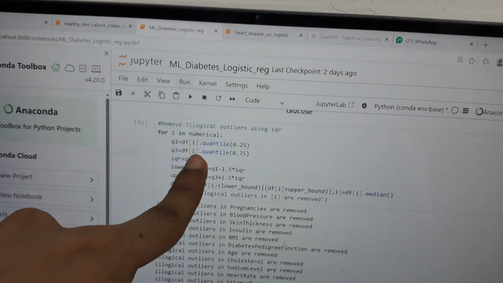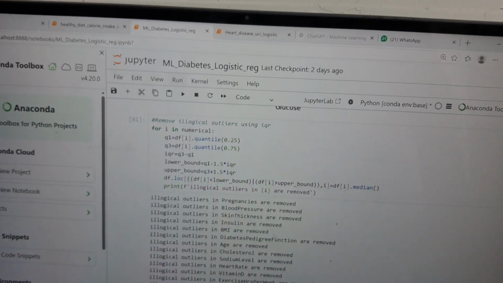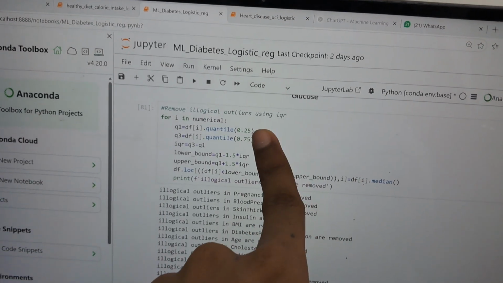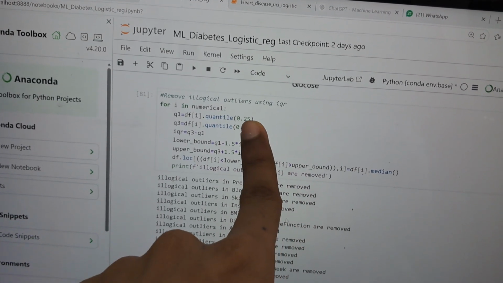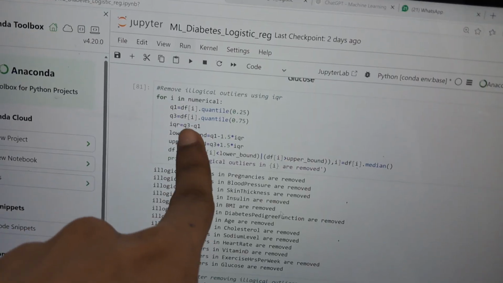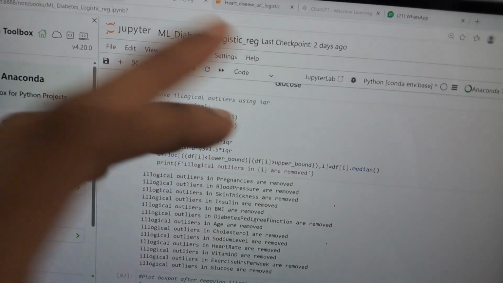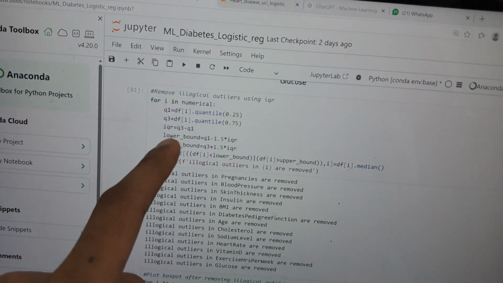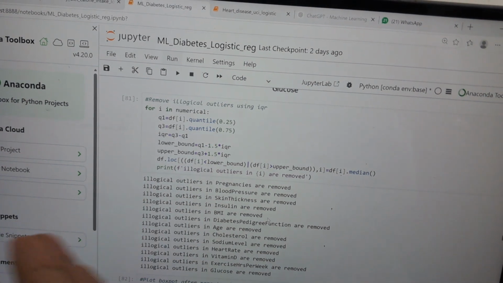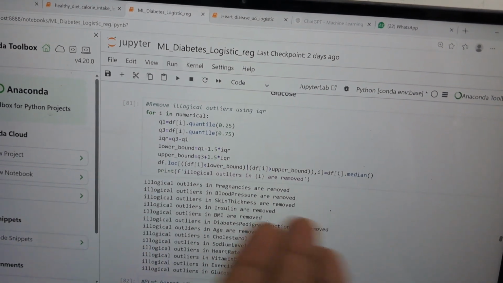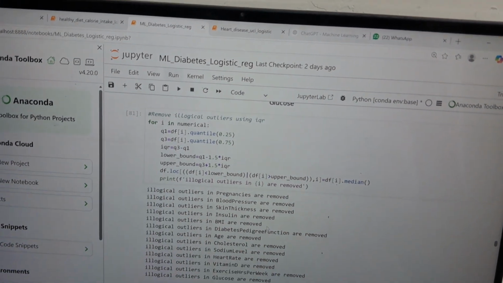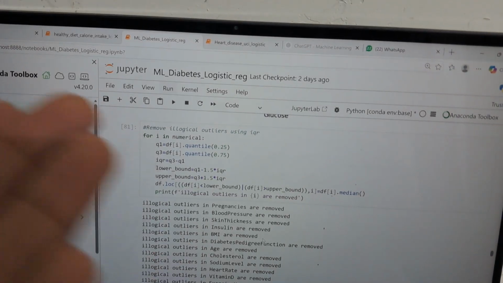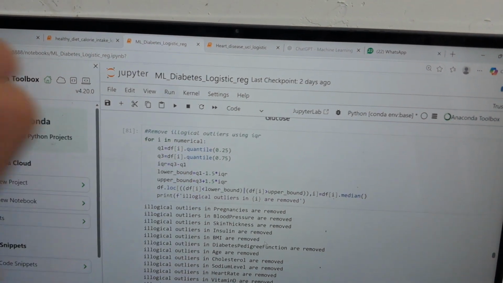So I'll use the IQR method. So I'll find the range of the data, 25% of the data, 75% of the data. Q3 minus Q1 will be the IQR, the middle interval. That I'll find the lower bound, that bottom value, which is 25% of the data. Below that I'll find the upper bound, means Q3, 75% of the data.